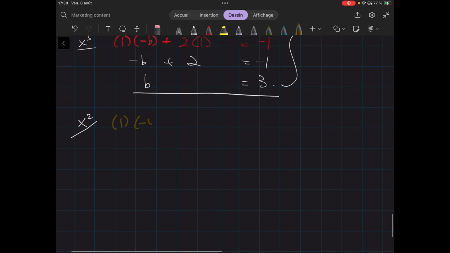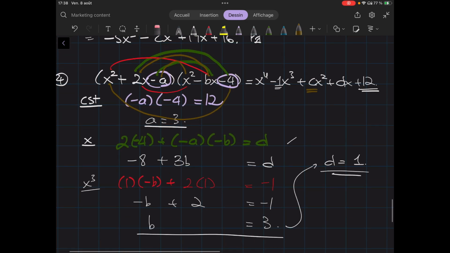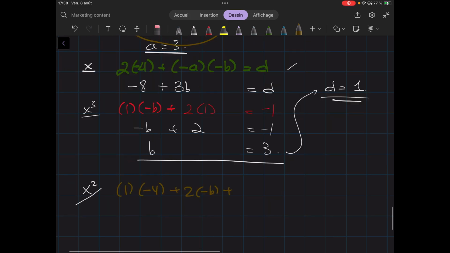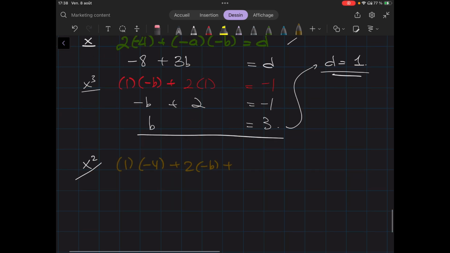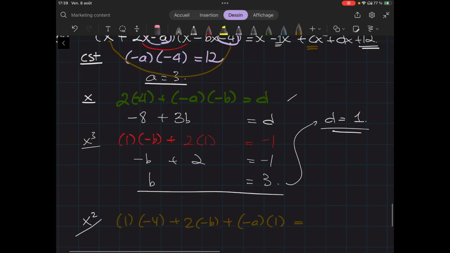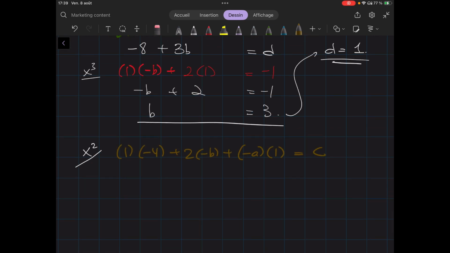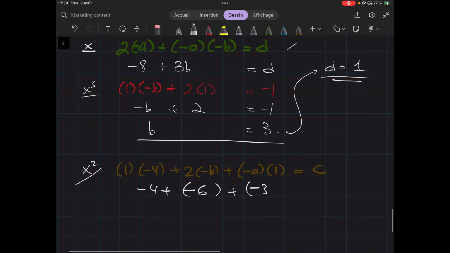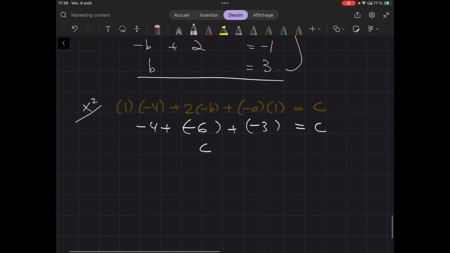So 1 times -4, 2 times -b, -a times 1. And that is equal to c. -4, 2 times -b, b is 3, so -6. -a times 1, a is 3, so -3. So c is therefore -13.